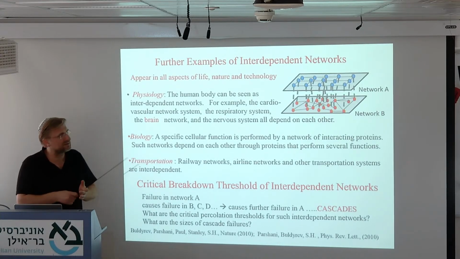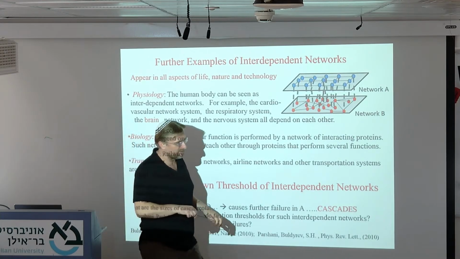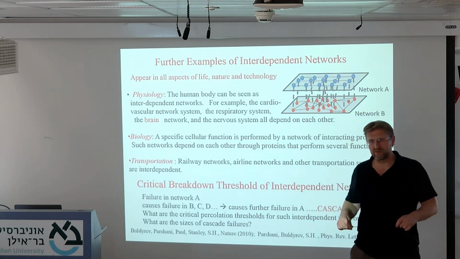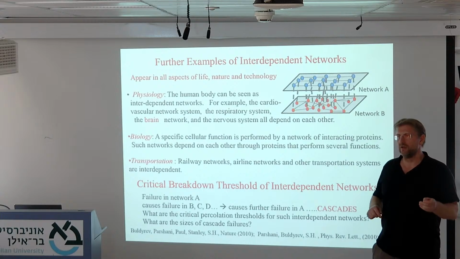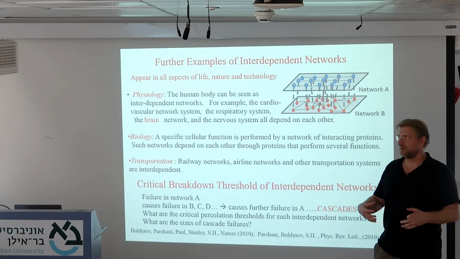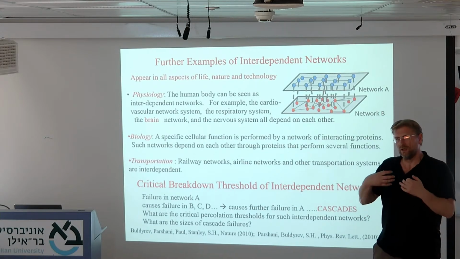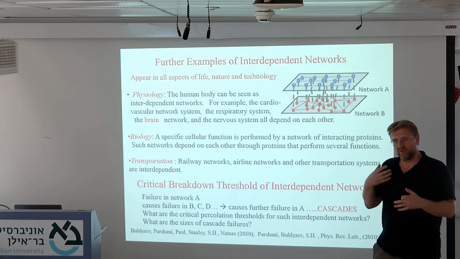And this is important, for example, when you go to the intensive care unit and you have a phenomenon called multiple organ failure. Typically it starts with the liver or the kidney, and this triggers the collapse of the whole body, right?